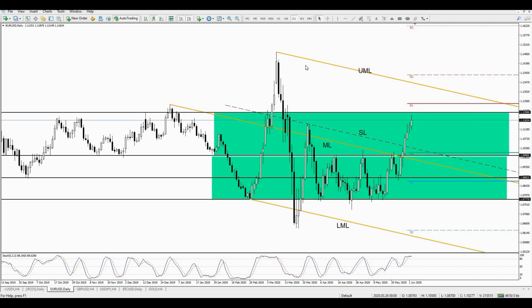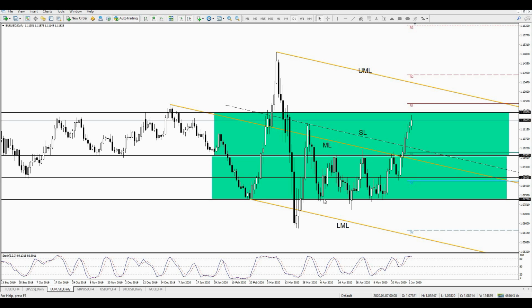I've drawn this orange descending pitchfork to catch this downside movement. Okay, so I've selected 3 points, 3 pivots, 1, 2, 3. You can see that the price decreased and failed to stabilize right below the lower medium line. It rebounded, it recovered, and registered only a false breakout above the medium line.